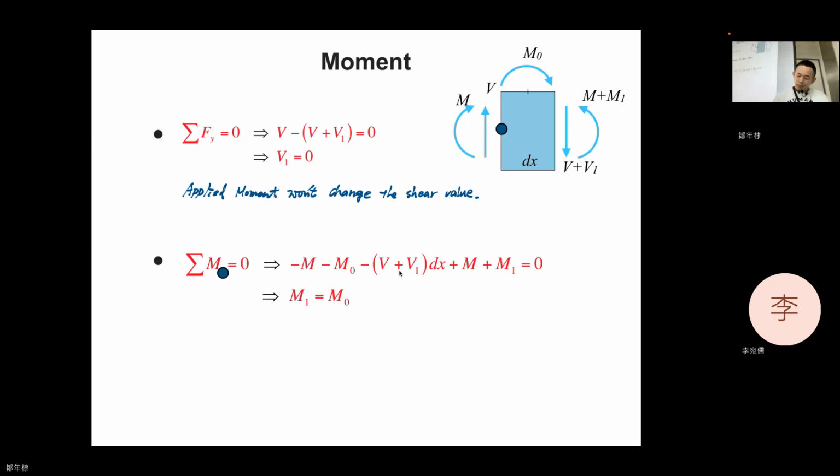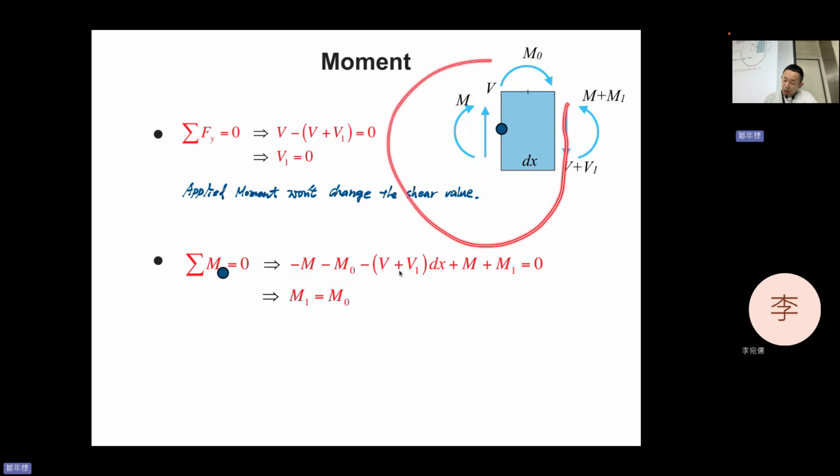Next one. If we do the moment balance about the blue dot, okay? So again, clockwise, so minus M0, okay?